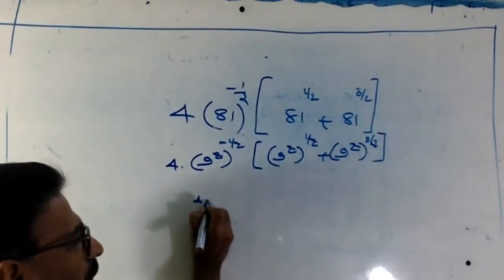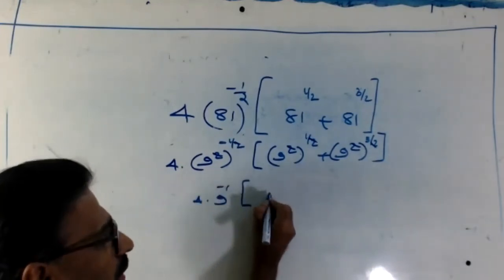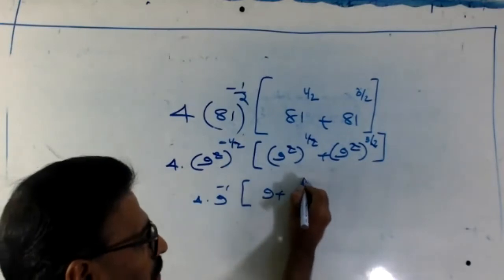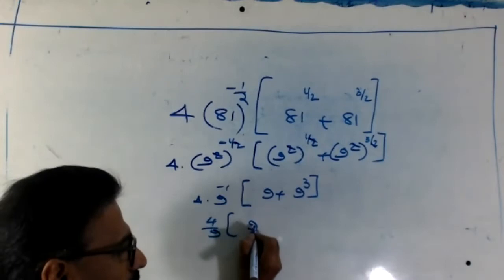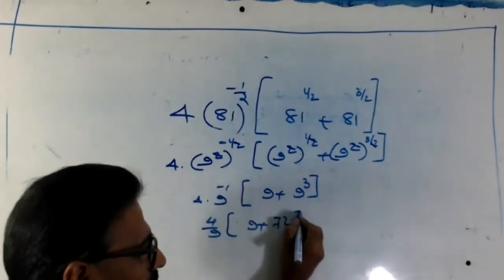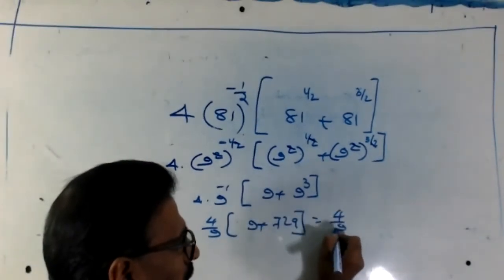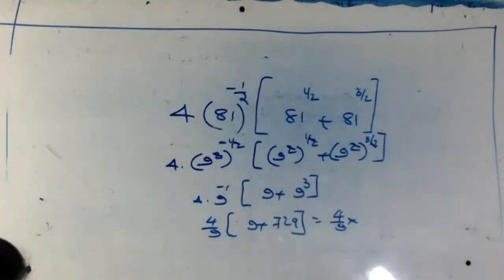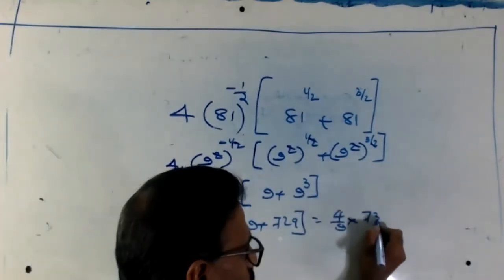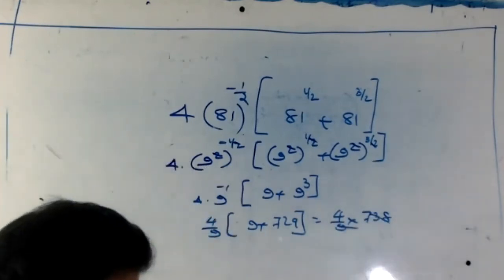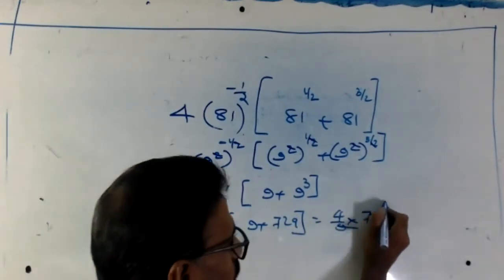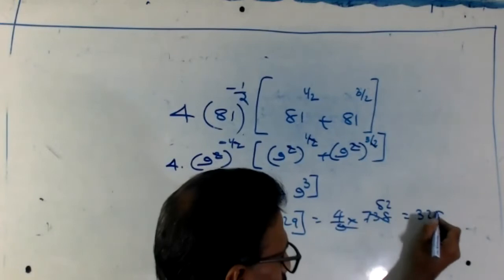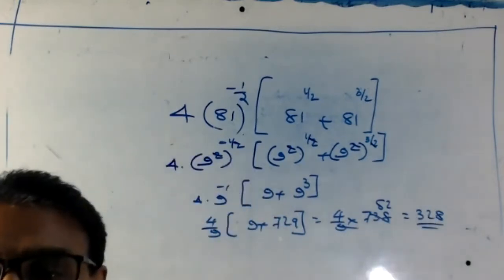Now 4 into 9 raised to minus 1, into 9 plus 9 cube. 4 by 9, and 9 plus 9 cube is 729, so that is 4 by 9 into 738. This cancels. 738 divided by 9 is 82. Answer is 328.